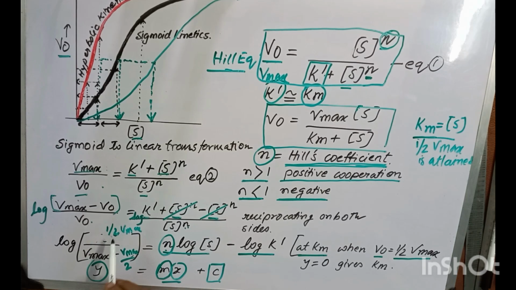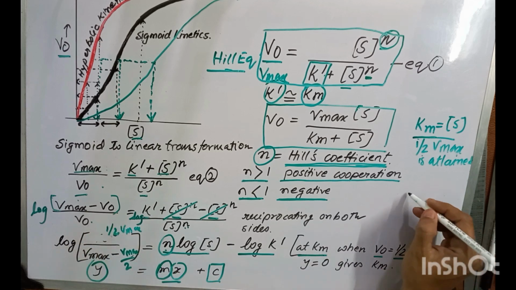so half Vmax by half Vmax, Vmax minus Vmax by 2 is equal to half Vmax, so Vmax goes out, it becomes log 1, which is 0. The value of log 1 is equal to 0. So this log factor makes the y-axis.